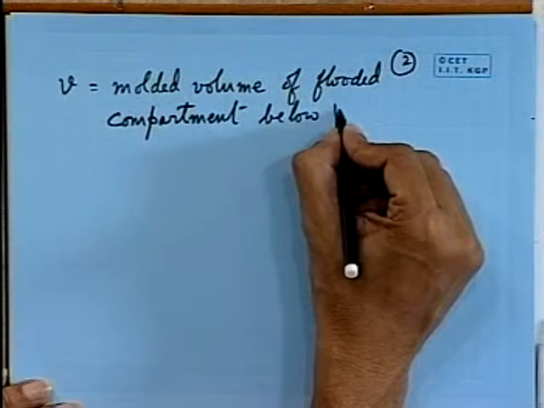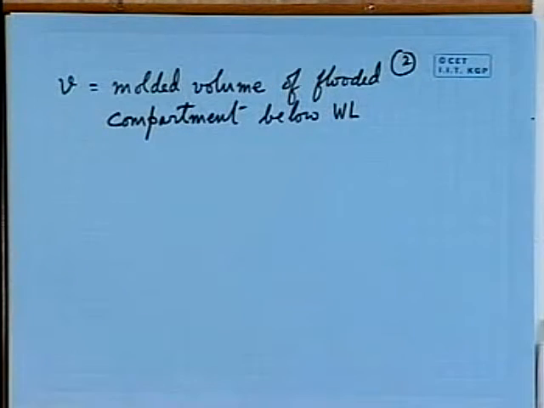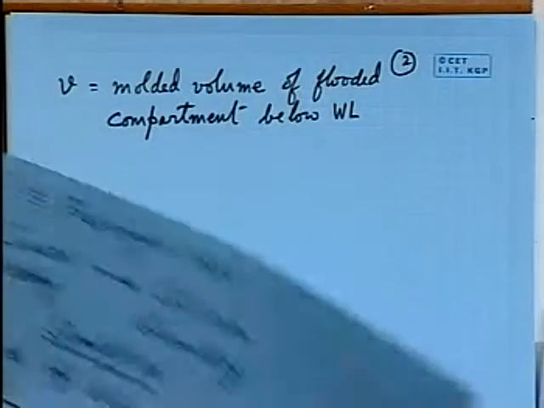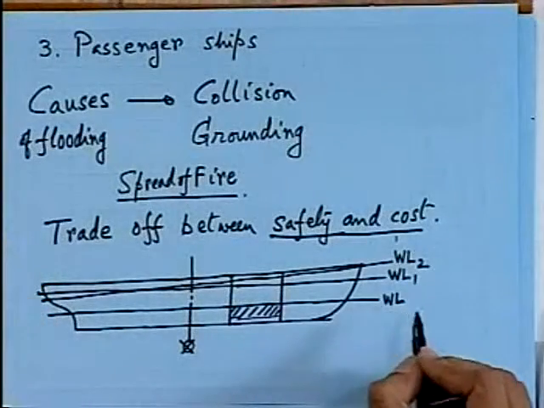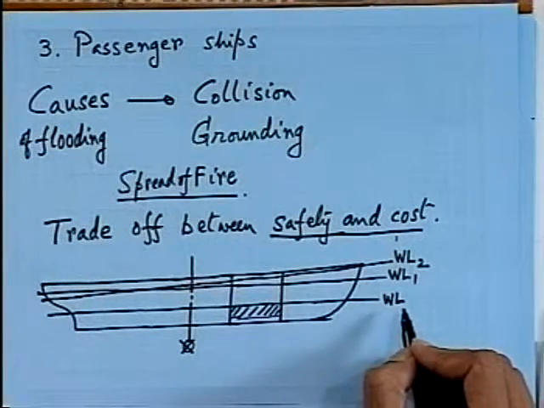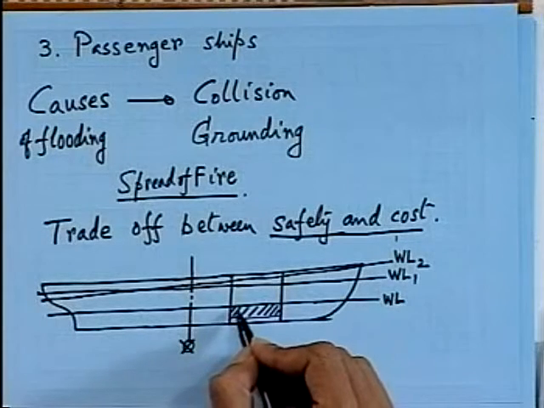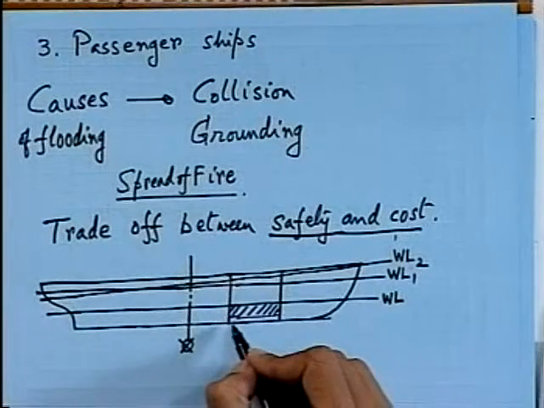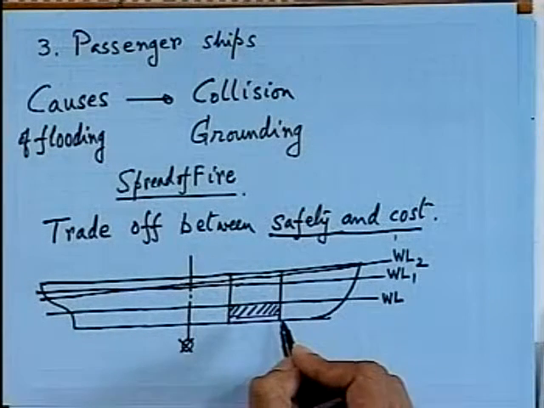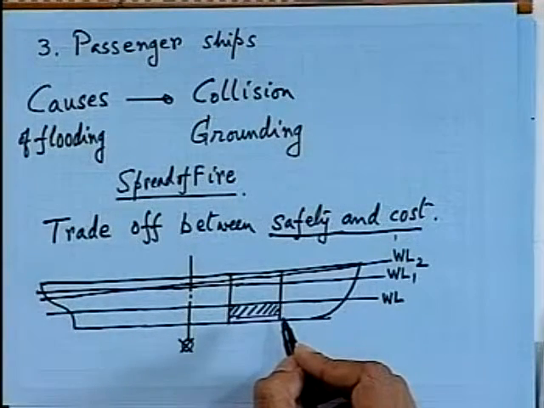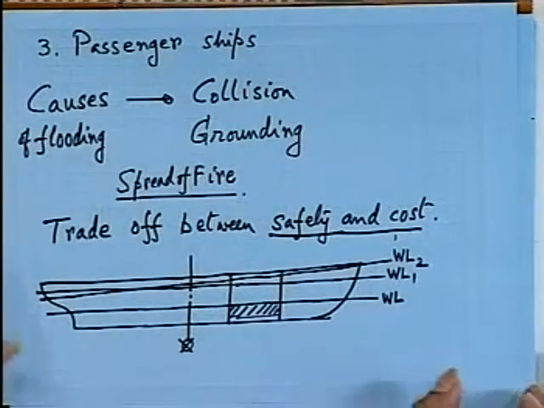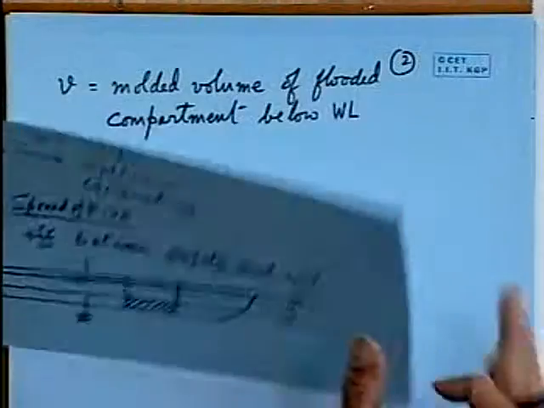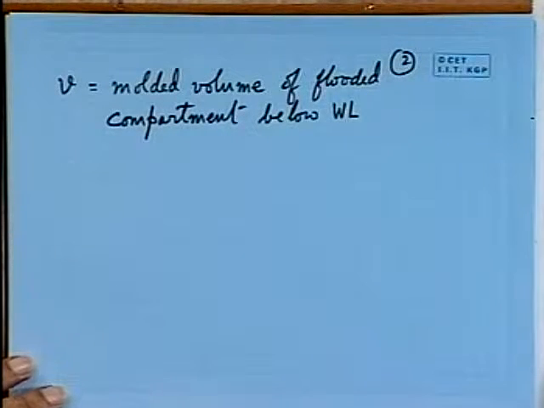Now, with reference to the figure that I have already drawn, the original waterline was WL. The molded volume is this volume, that means the total volume keeping the intact buoyancy component. This is the total volume, so this is the molded volume.